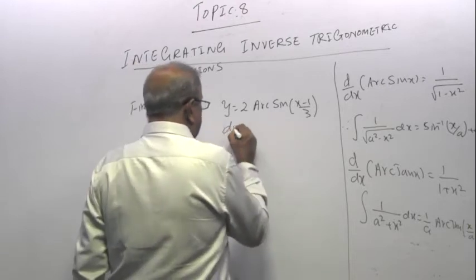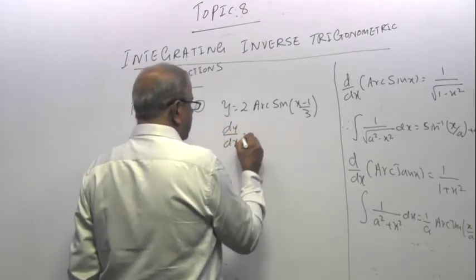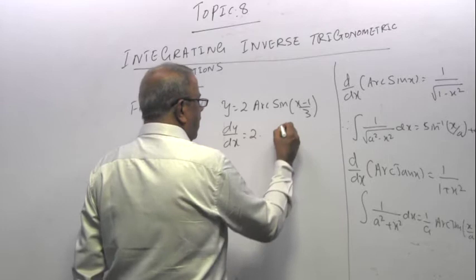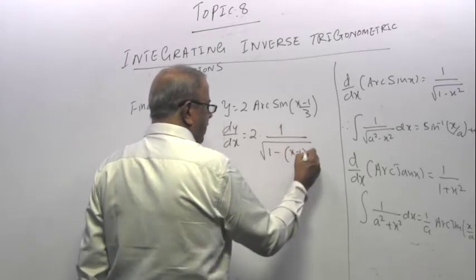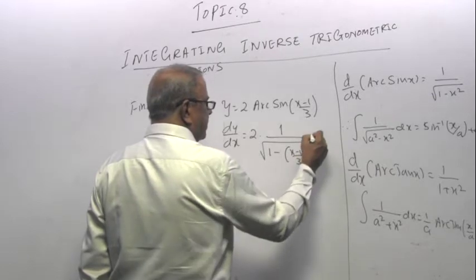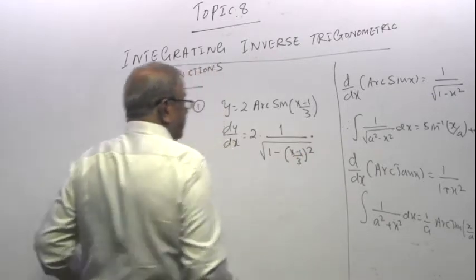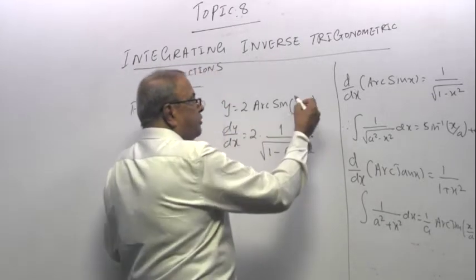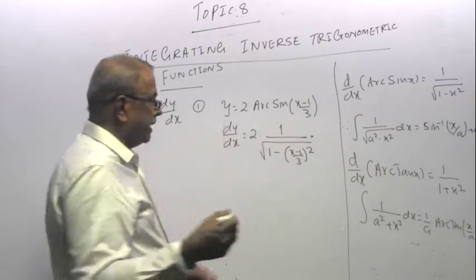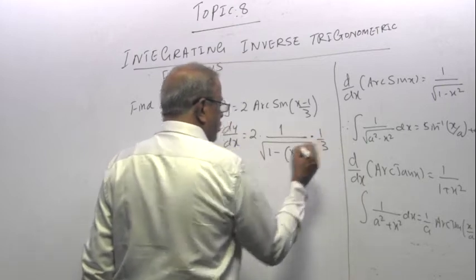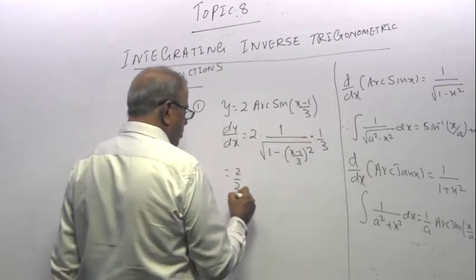So dy by dx equals 2, which is a constant, times arc sine's derivative, 1 over square root 1 minus x squared, where x is now (x minus 1) over 3. That takes care of the arc sine. I have to differentiate (x minus 1) over 3, and I get 1 over 3. So it is 2 over 3.